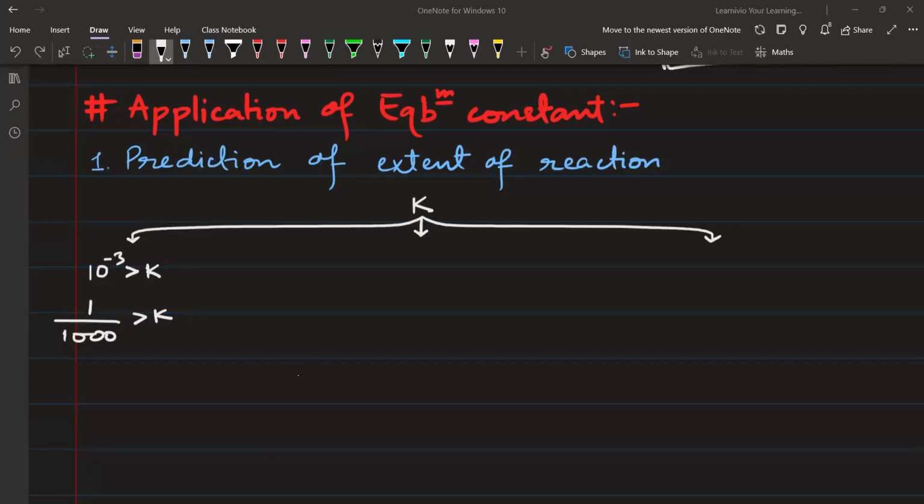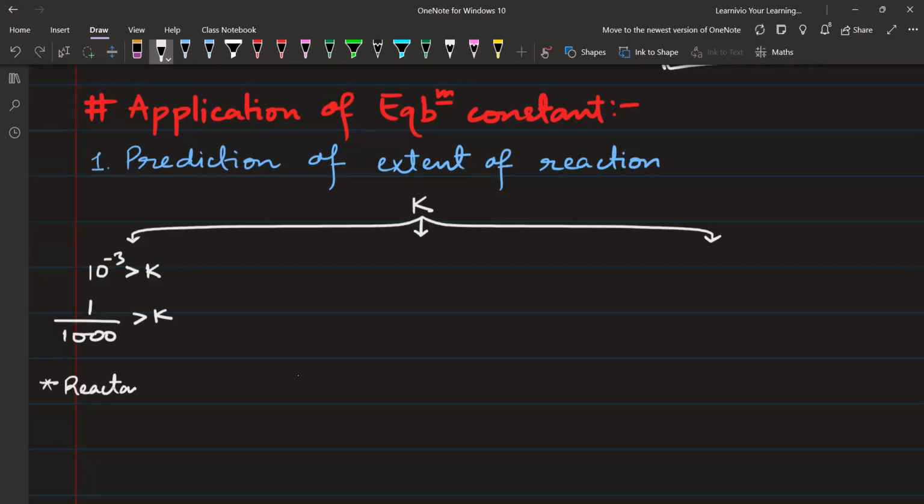So you can see that in this particular case, if the equilibrium constant of a particular reaction is less than 10 to the power minus 3, then at equilibrium, if you want to check what is present at equilibrium, you will only find reactant. Does that make sense? Because for 1000 moles of reactant, there is one product. Does it make sense? Yes or no? Please tell me. Yes, sir.